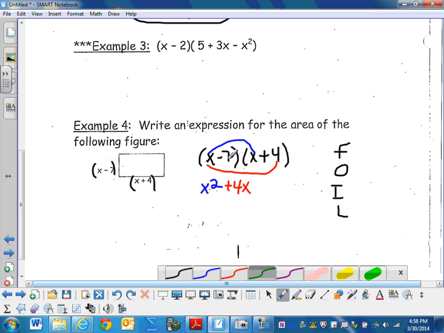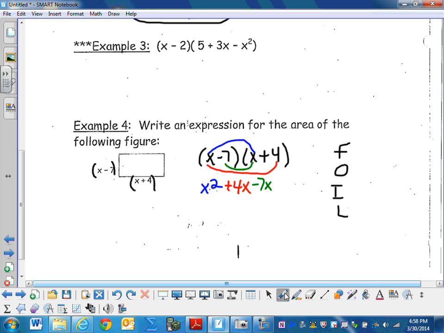Our inner terms, negative 7 and x is a negative 7x. And our last term, negative 7 times 4 is a negative 28. We're going to rewrite combining any like terms, and our result is x squared minus 3x minus 28.